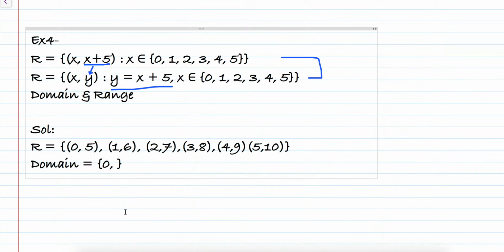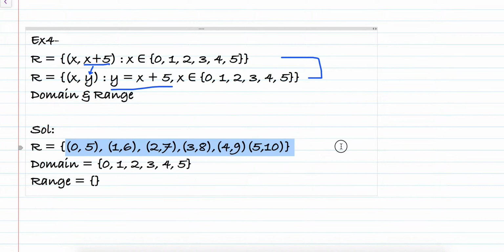So its domain would be 0, 1, 2, 3, 4 and 5, and range would be all the second values of this relation. So the second values are 5, 6, 7, 8, 9 and 10.